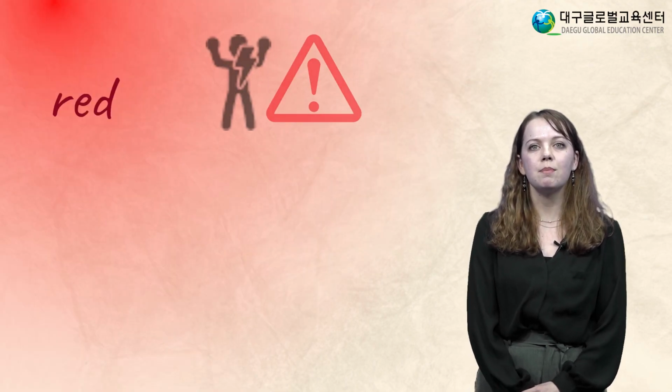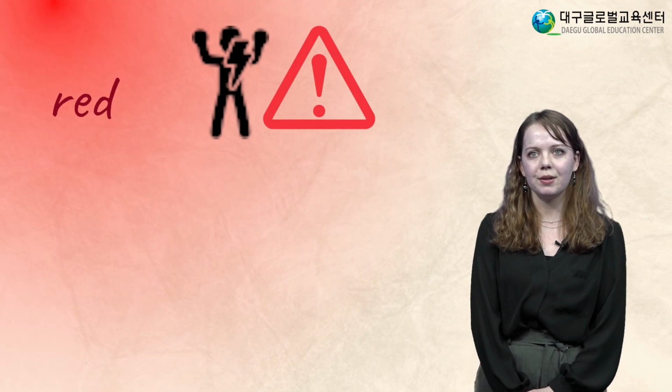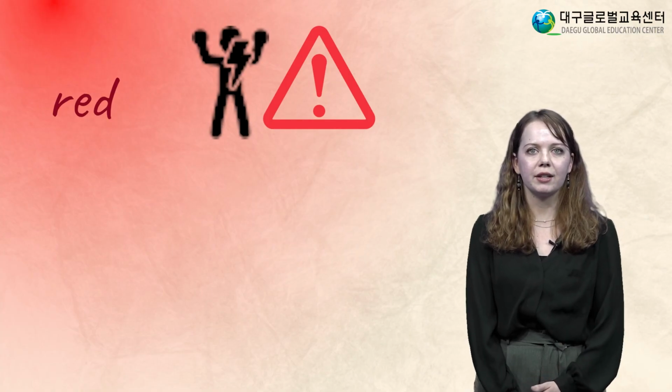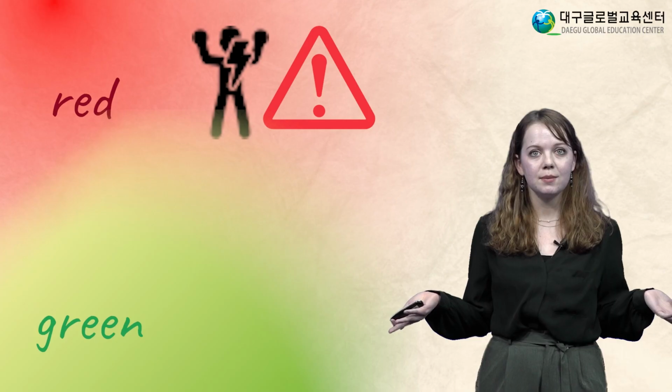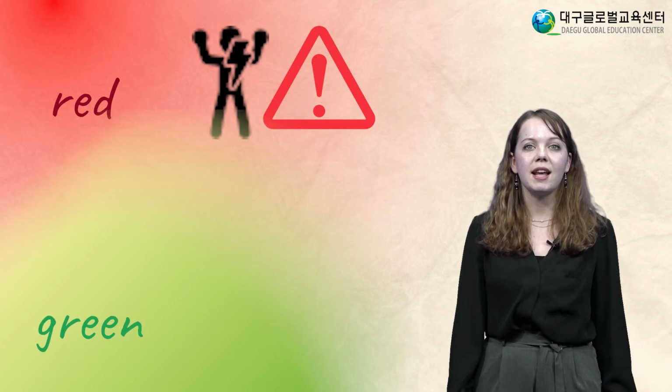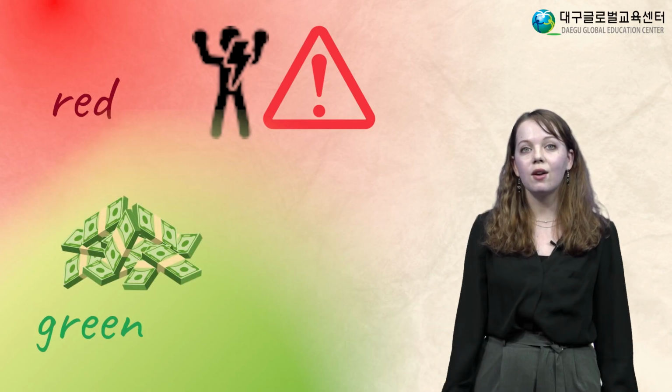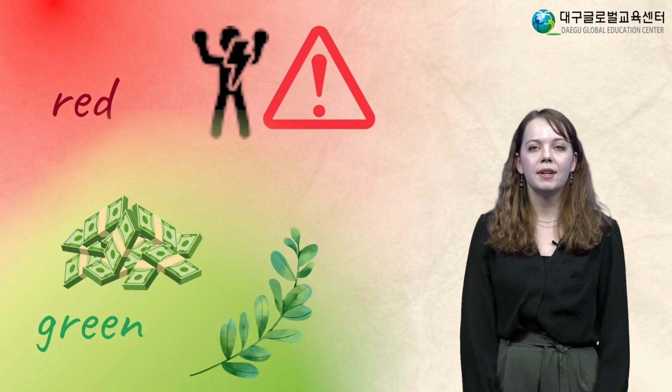The first one is the most important, red. Red means power and danger. Powerful characters wear red. What do you think green means? Green can mean they love money. It also means nature.